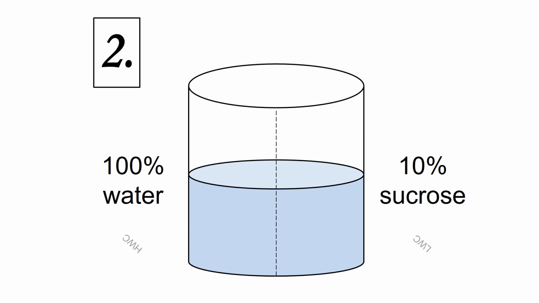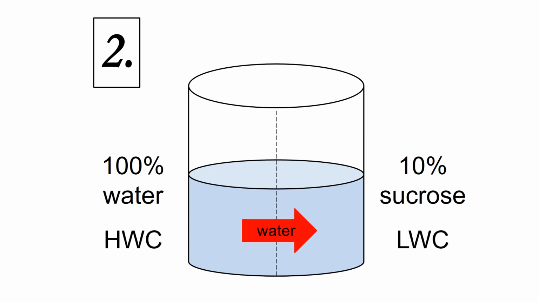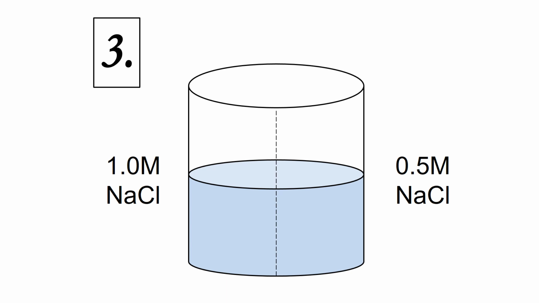So you're going to have osmosis from left to right in this one, higher water concentration on the left hand side. Number 3. This time we've got the standard units for laboratory solutions, so molar.